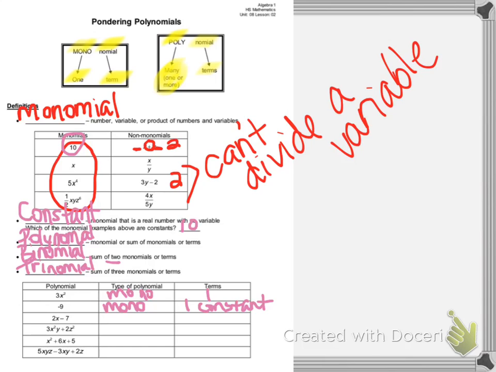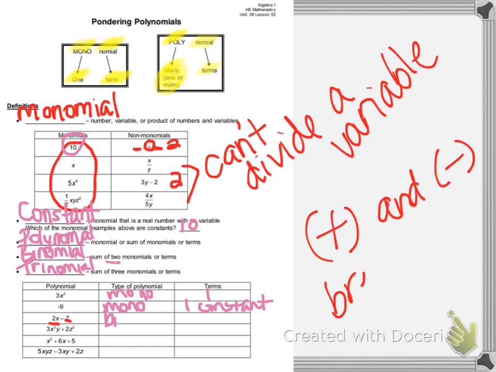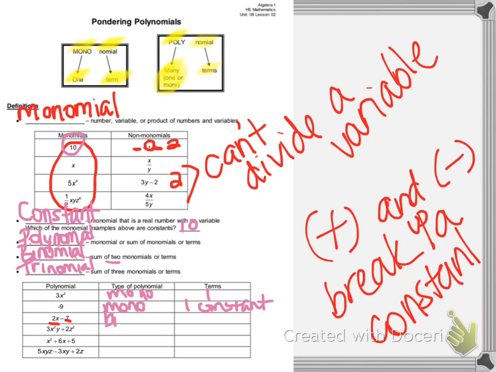Okay. 2x minus 7, that is going to be a binomial because I have one term right here, the 2x, and I have one right there, which is the 7. Remember, an addition sign and a subtraction sign break up terms. So they break up terms.